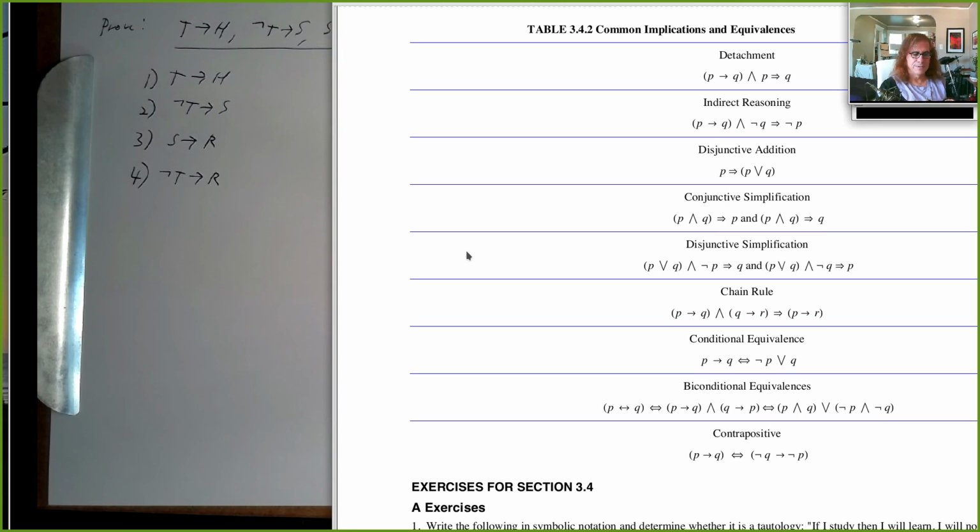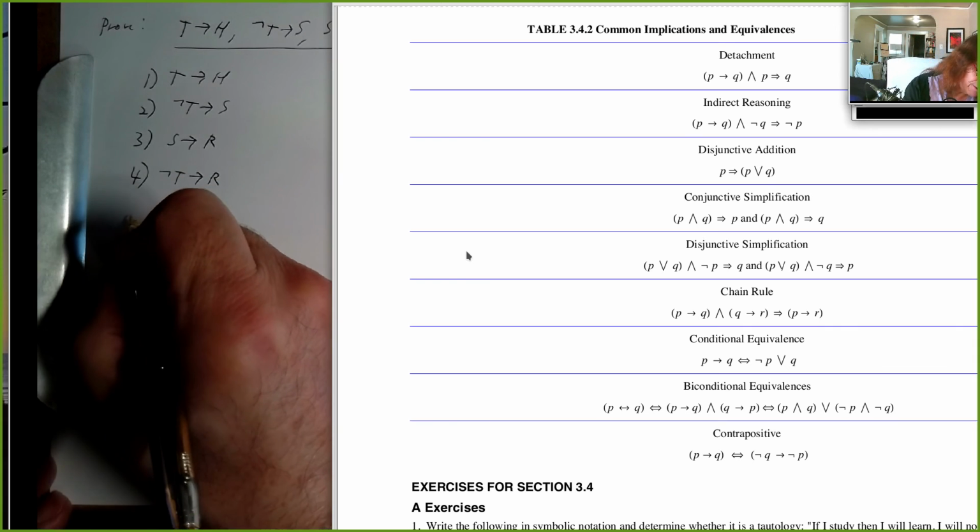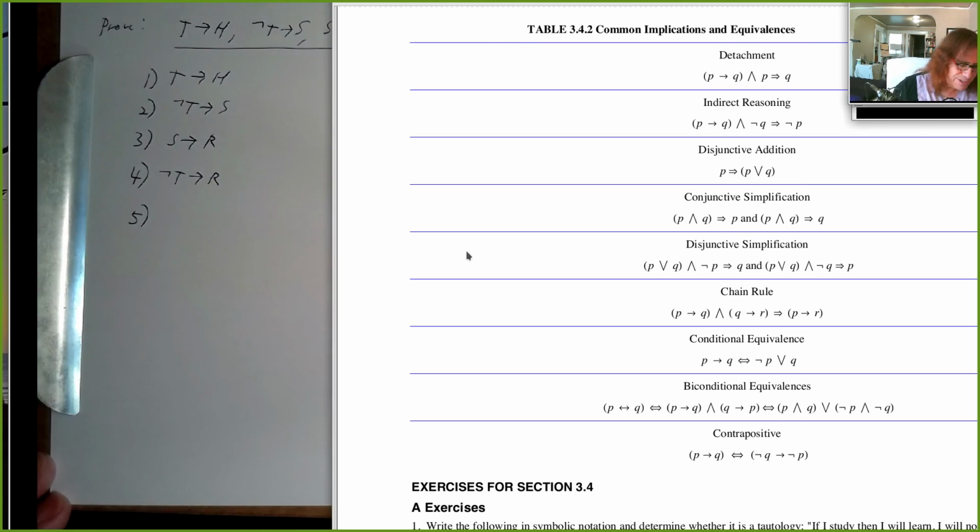You could do the contrapositive on 1 for not H. That is, if not H, then not T. Okay, so suggestion, do the contrapositive on 1. Was that a random suggestion, or you got a plan in mind for where this is going? Well, then you just chain rule it out. Yeah. So you can do this by just kind of randomly doing things and see where it gets you, right?